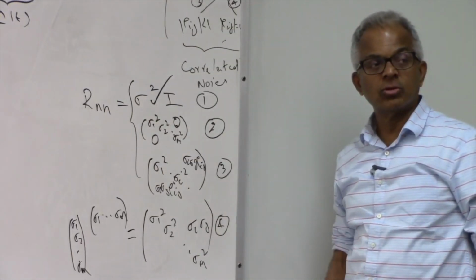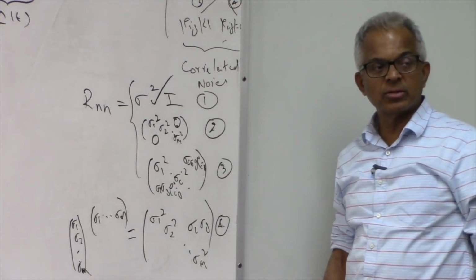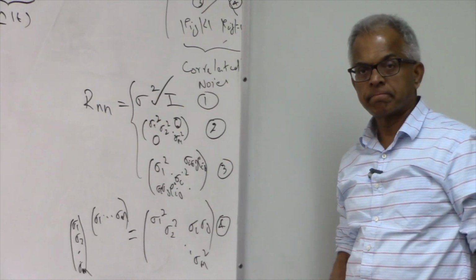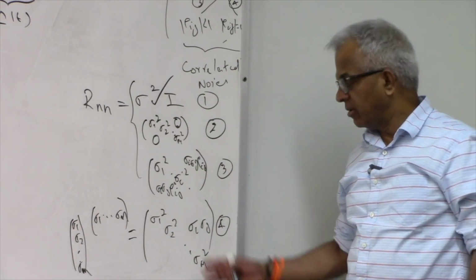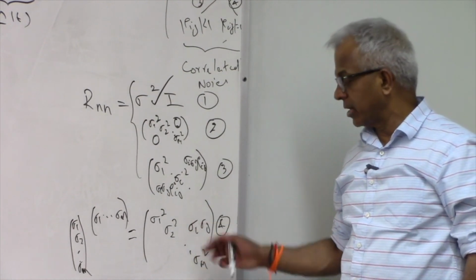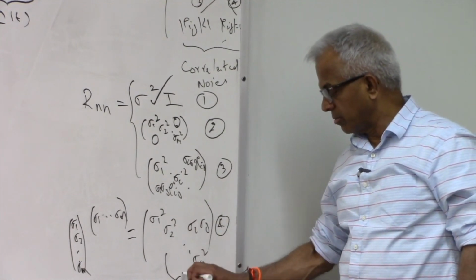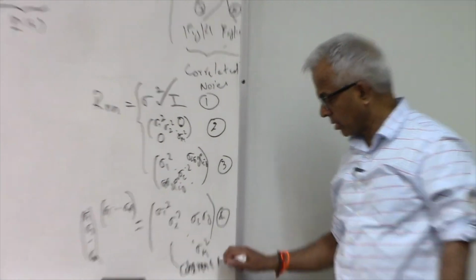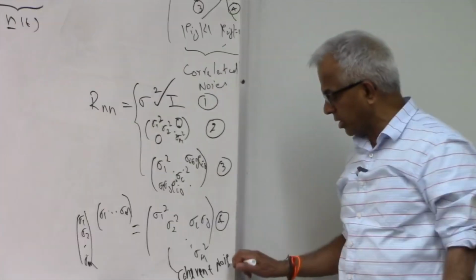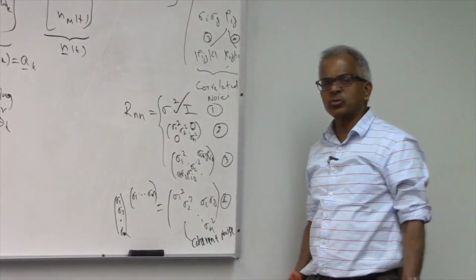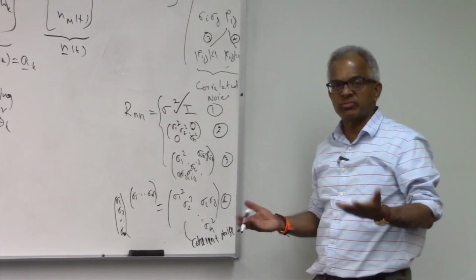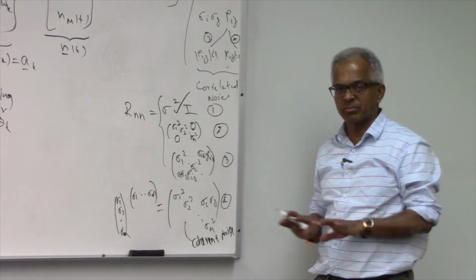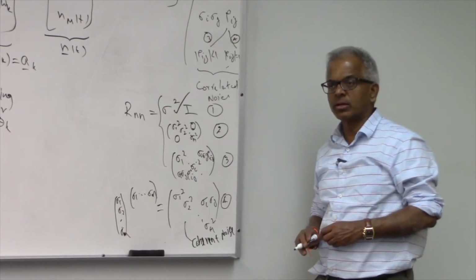If you have other cases, then you have more unknowns to estimate and so on. And if you have situations with coherent noise, then you have to deal with that case. So imagine coherent noise, coherent sources. Coherent noise means the sensors are sitting on top of each other or something of that sort, so that's something you can hopefully avoid.